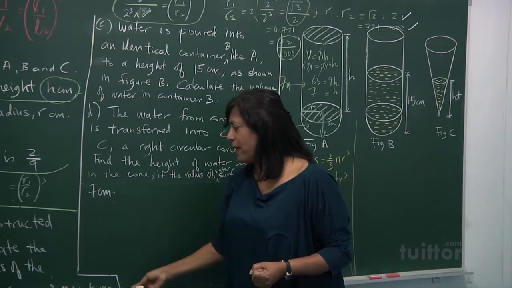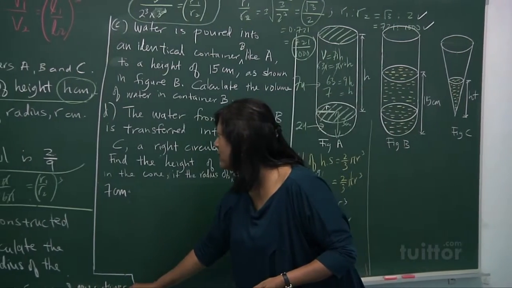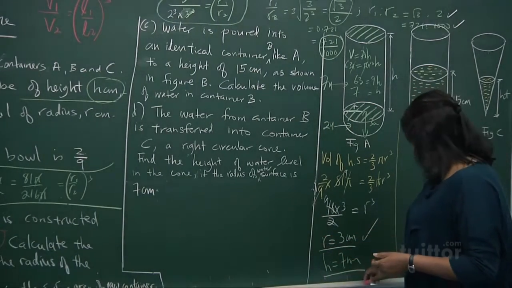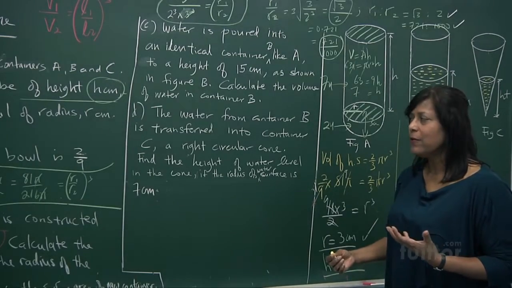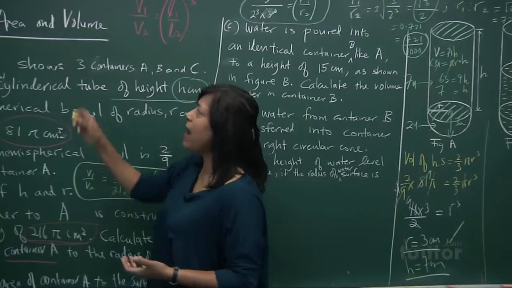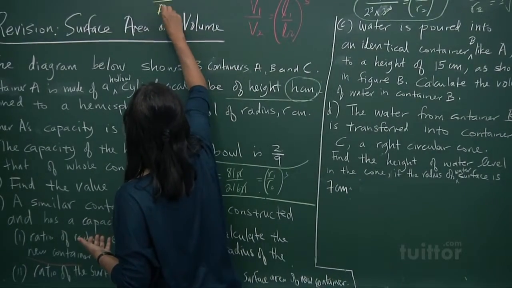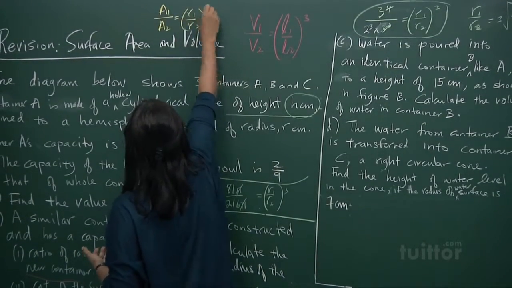What about area? The ratio of the new container to the old container. How do you go about that? Now for area, we look at if they're similar. We get A1 over A2 equal to R1 over R2 squared.